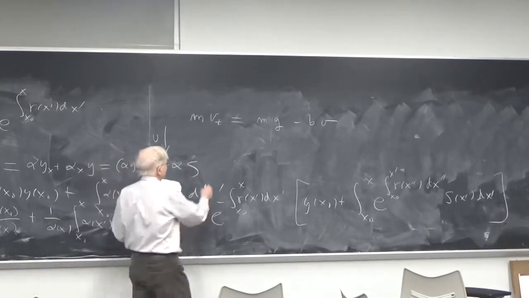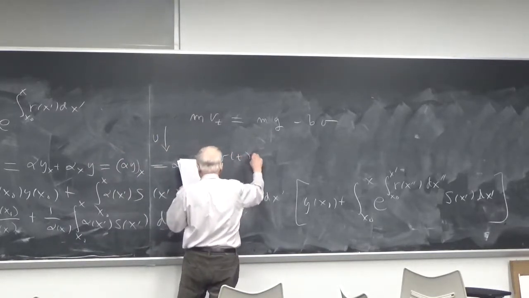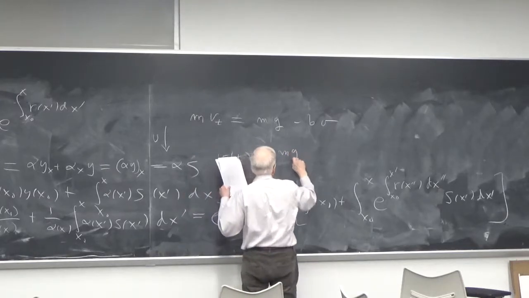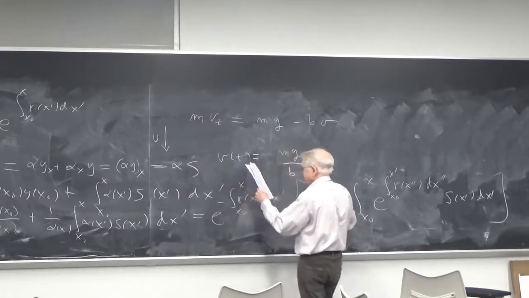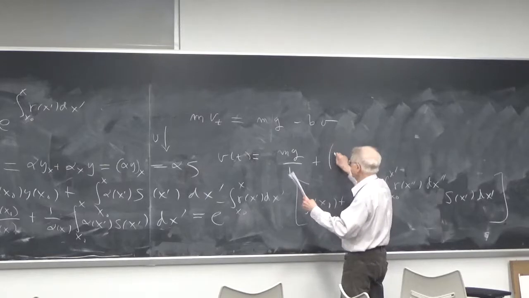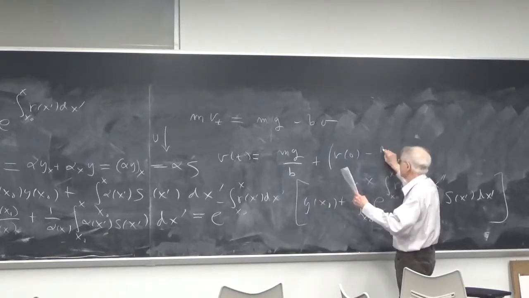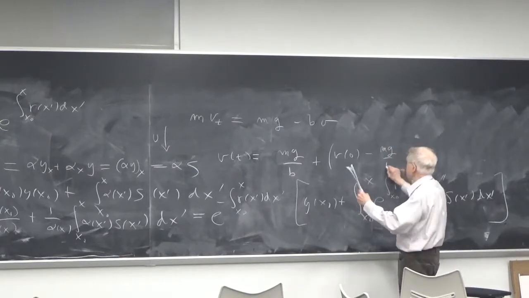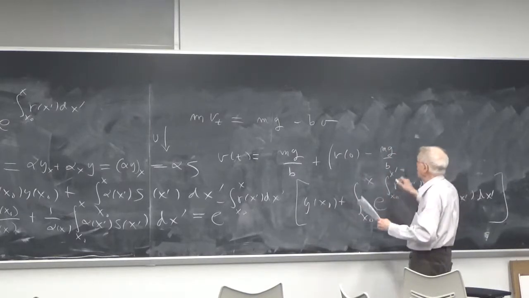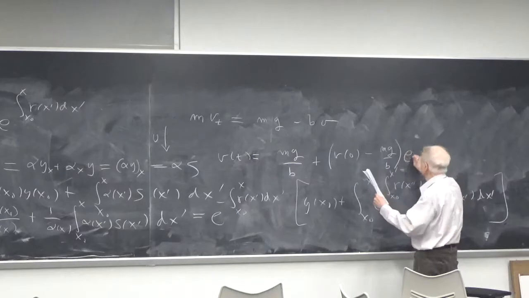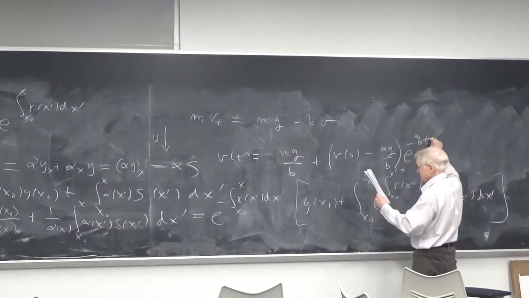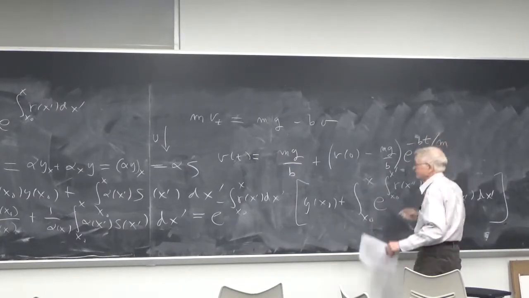The solution of this is V of t is equal to mg over b plus the initial velocity minus mg over b times e to the minus bt over m.